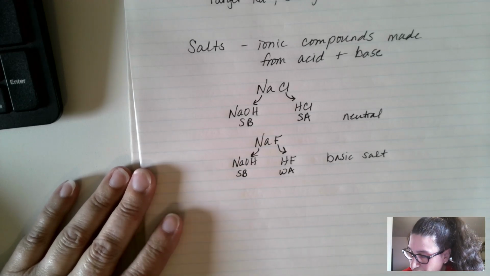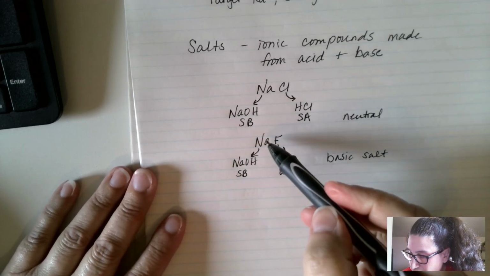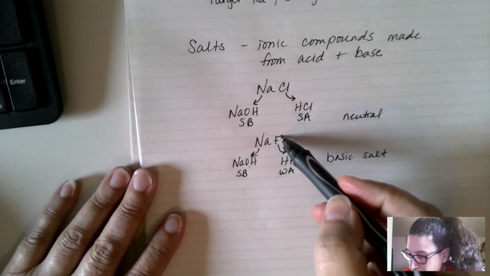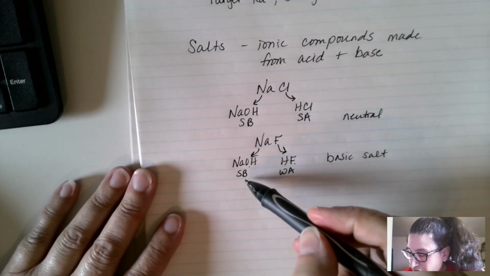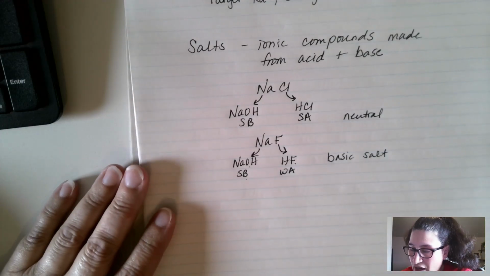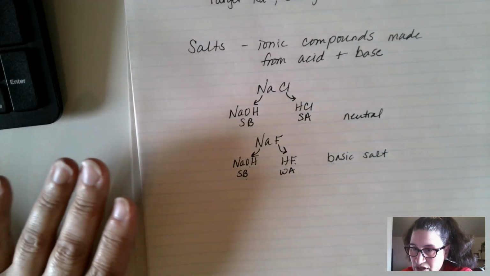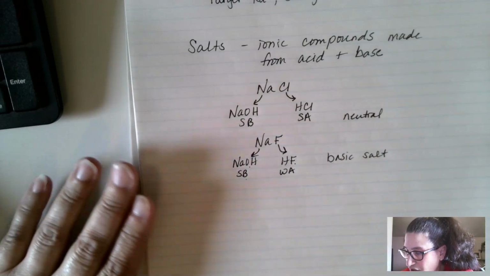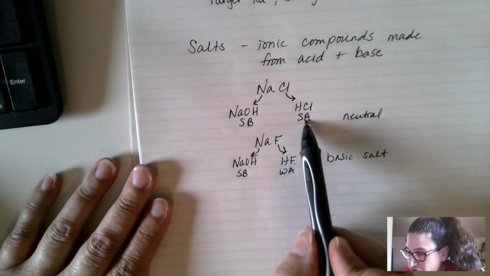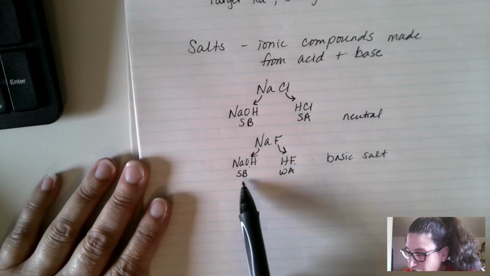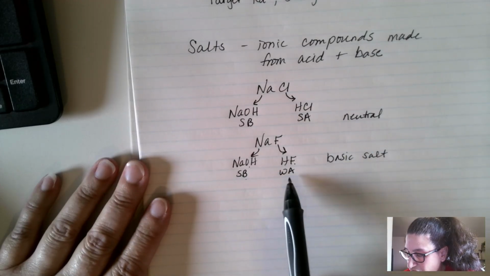So whatever my salt is, I always take the first part with OH, the second part with H, then I can look at the strength of those acids and bases to determine whether it's going to be acidic, basic, or neutral. If they're both strong, it's neutral. Whichever one is stronger wins, so if this was a strong acid and a weak base, it'd be acidic.